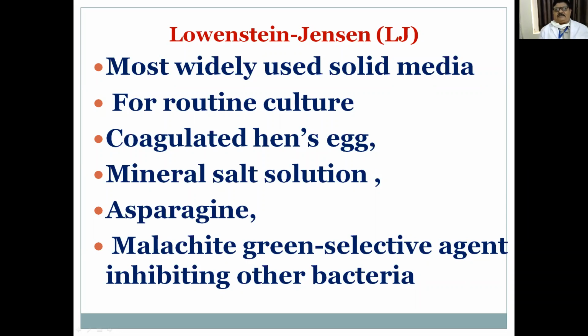The name itself indicates it is serum slope. So Lowenstein-Jensen medium has no agar. Instead, it has coagulated hen's egg, MSS (mineral salt solution), and asparagine. Malachite green is a selective agent which inhibits the growth of other bacteria.